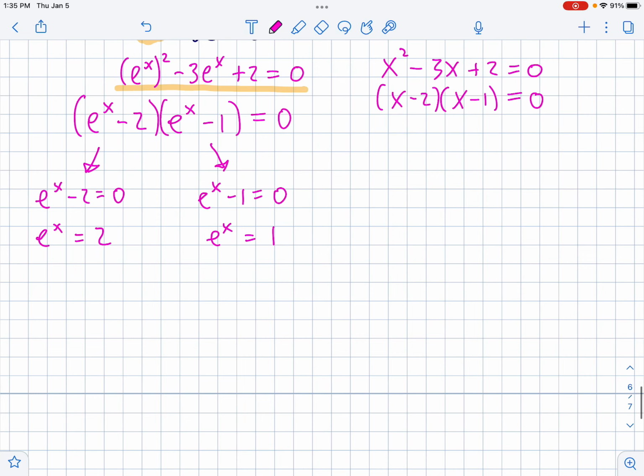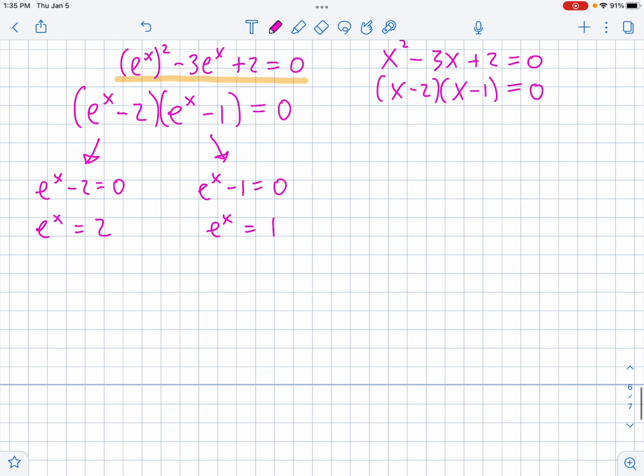Is that the way we should think of this? Sure. Yeah, if I take the natural log here, we get natural log of e to the x equals natural log of 2. Then the x comes out in front, and we get x natural log e is equal to ln of 2. And then natural log of e is just 1, so this is x is equal to the natural log of 2.